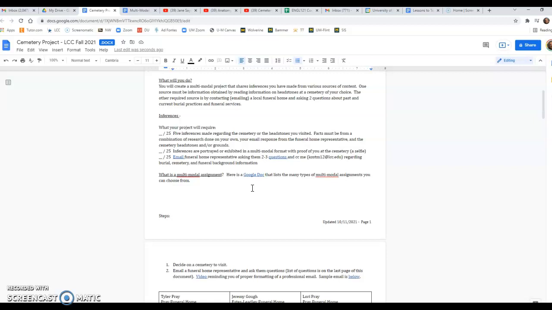And then you will take what is being read, what symbols are on the headstones, what icons or tributes are next to the headstones. And then those are facts. You're making personal observations. And then you'll gain facts from the funeral home representative, because they will answer your questions.